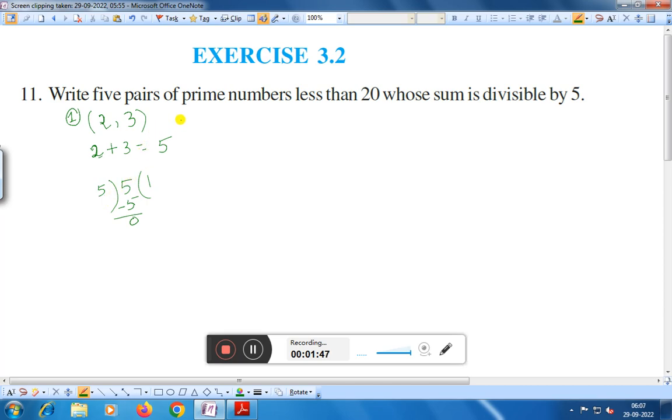Now we will take second pair. Second pair of numbers less than 20, right? Numbers may be 3 and 7.